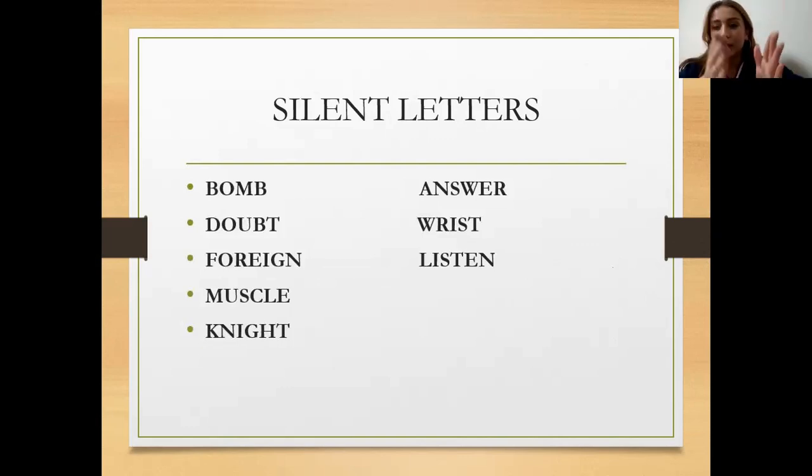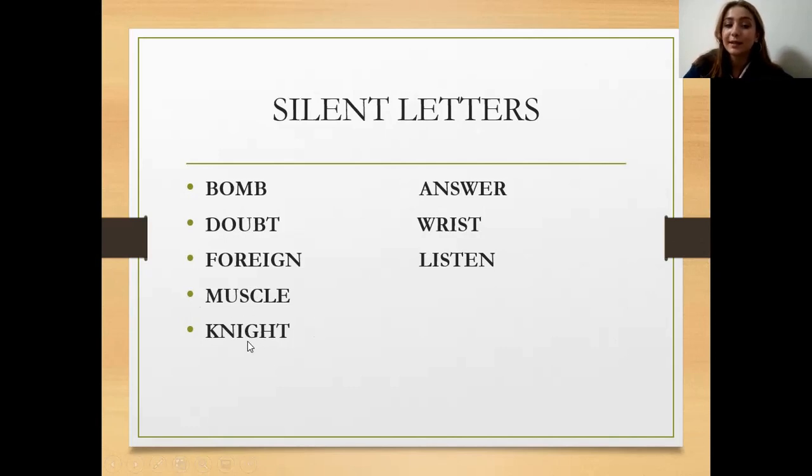We have examples. I will read the example words and I'll say which letter I didn't say. Bomb, doubt. I didn't pronounce the B in here. Foreign. I didn't say the G in here. Muscle. Did I pronounce C? No. Muscle.